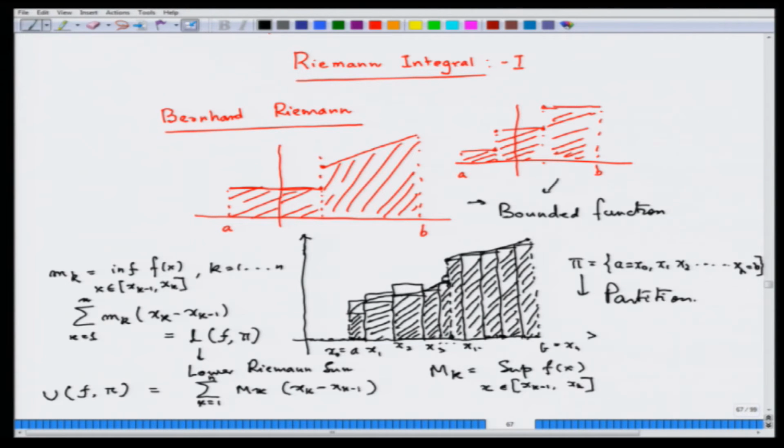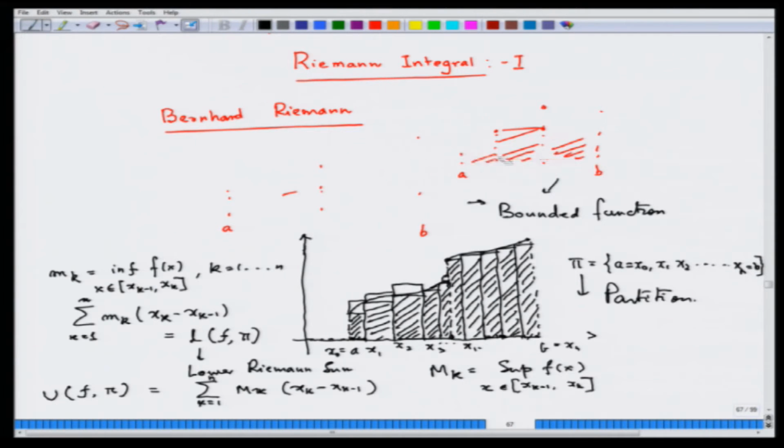I do not want to leave this page because you finally have to understand things here. So, I will just rub this off and talk to you. What I have now done, if you look at the picture, is that the actual area under the curve is sandwiched between the upper Riemann sum and the lower Riemann sum.